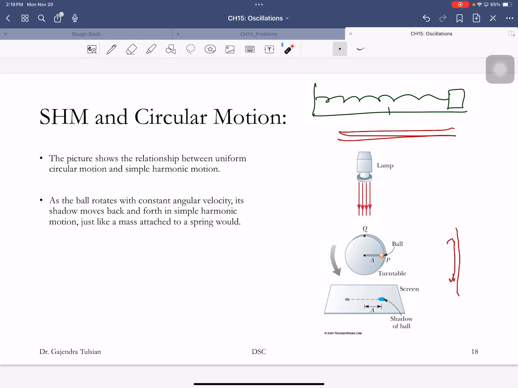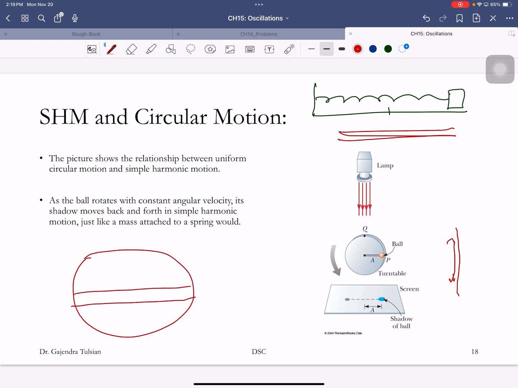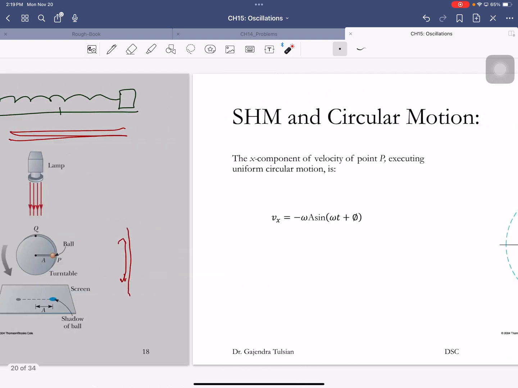Here's another real life situation we saw it in. Okay, remember we talked about digging a tunnel through the earth? And you'd fall into this tunnel and you would oscillate simple harmonically. And the period of that was exactly the same period as for the International Space Station. Okay? So that's exactly what's happening here. So a simple harmonic motion is related to uniform circular motion.